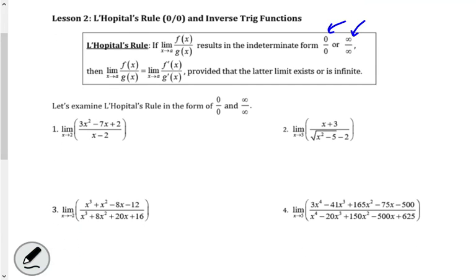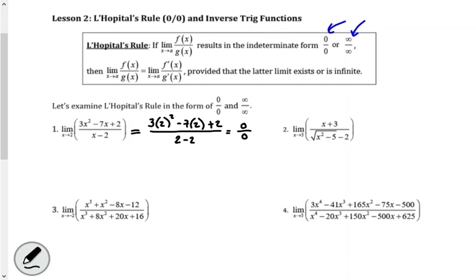But L'Hopital's rule basically says that, all right, if I plug 2 in and I go 3 times 2 squared minus 7 times 2 plus 2 over 2 minus 2, that equals what? 0 over 0. Now be careful, because you don't want to say this limit equals this.